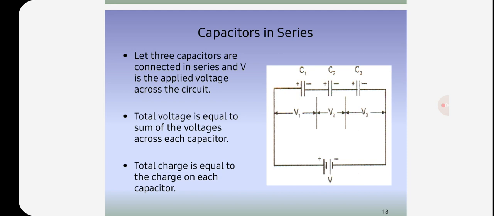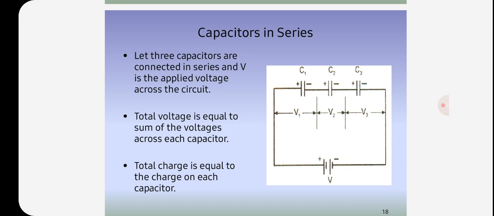Let C equivalent be the equivalent capacitance of the combination. Let three capacitors be connected in series and V is the applied voltage across the circuit.